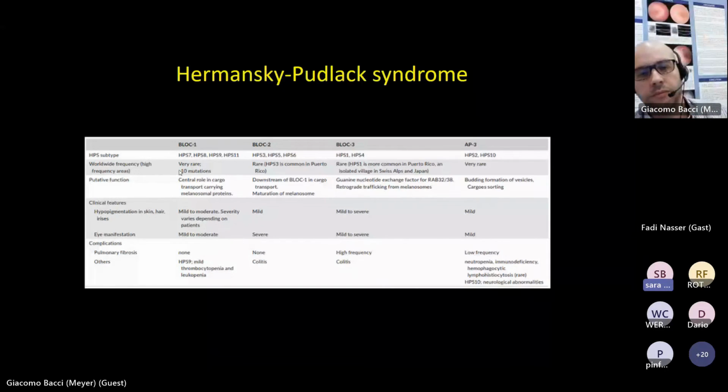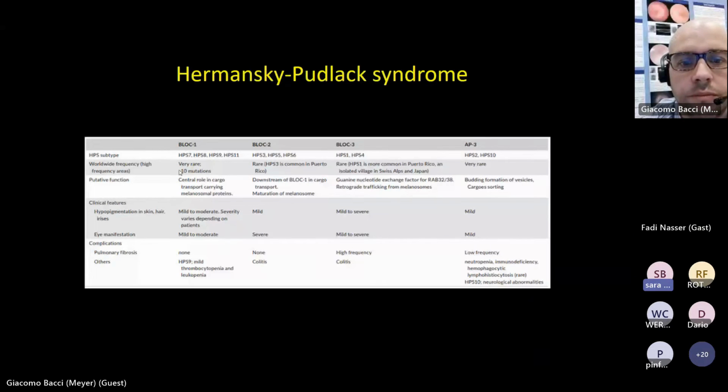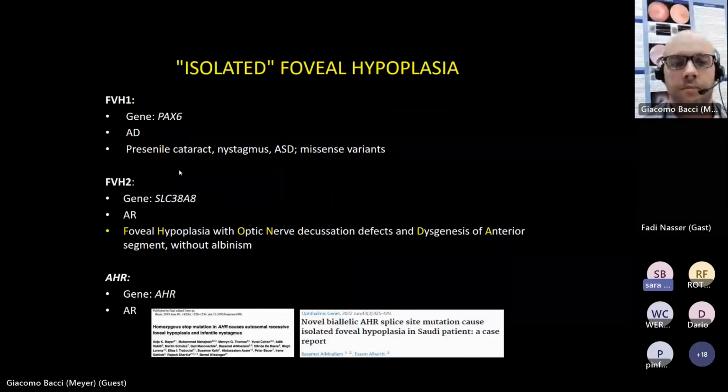Now, if you consider what our clinicians often encounter, we must also say that one of the most common presentations is isolated foveal hypoplasia. And the first gene we should think of in this situation is probably PAX6, where missense variants can be associated with foveal hypoplasia with cataract, nystagmus, and invariably anterior segment dysgenesis.